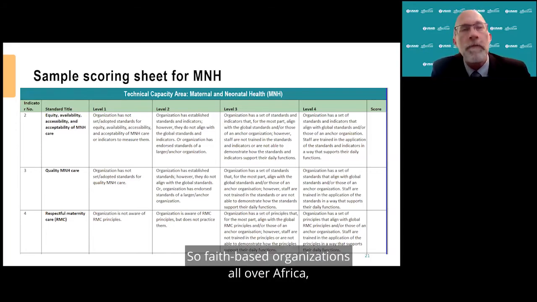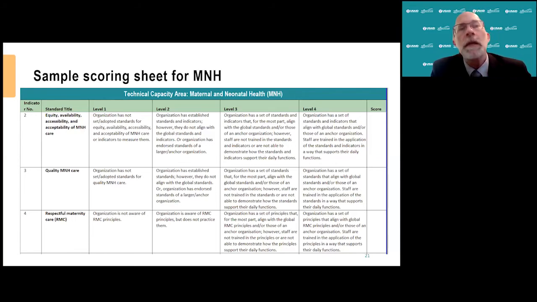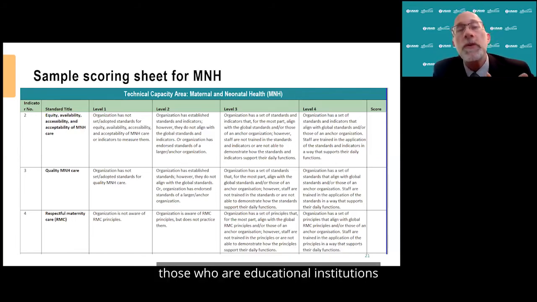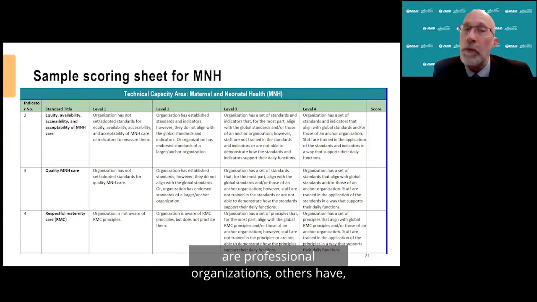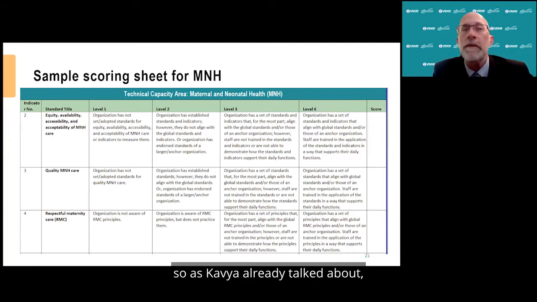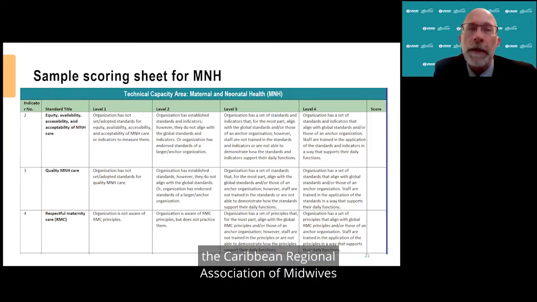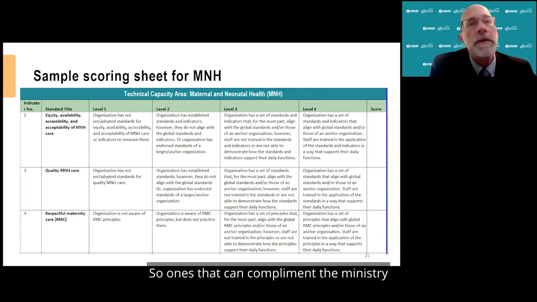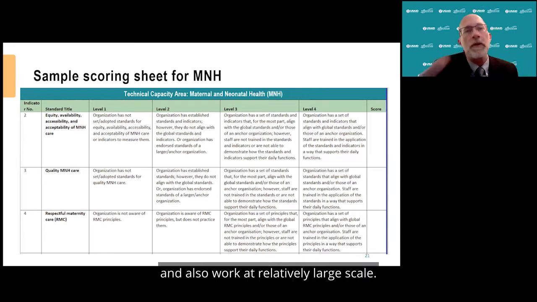So faith-based organizations all over Africa, the Christian health associations, things of that nature. Educational institutions, professional organizations, and, as Kavya already talked about, the Caribbean Regional Association of Midwives is one that we're working with. So ones that can complement the ministry and also work at relatively large scale.